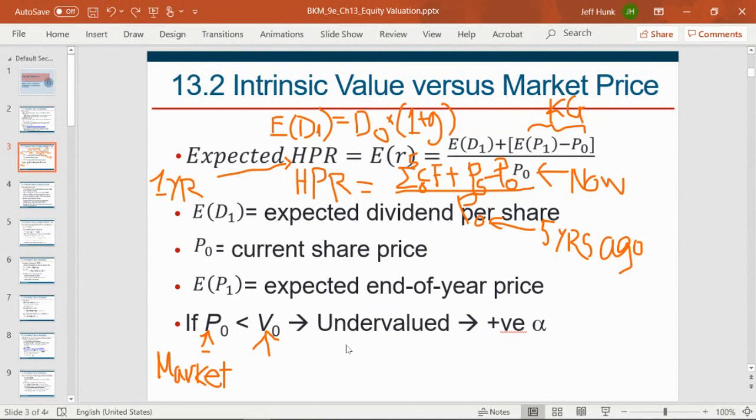So think about it. When we have this formula, right? Expected return.